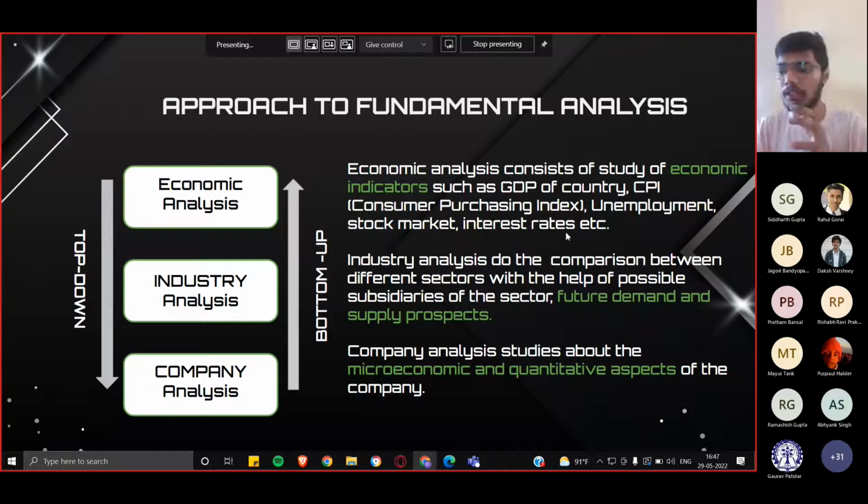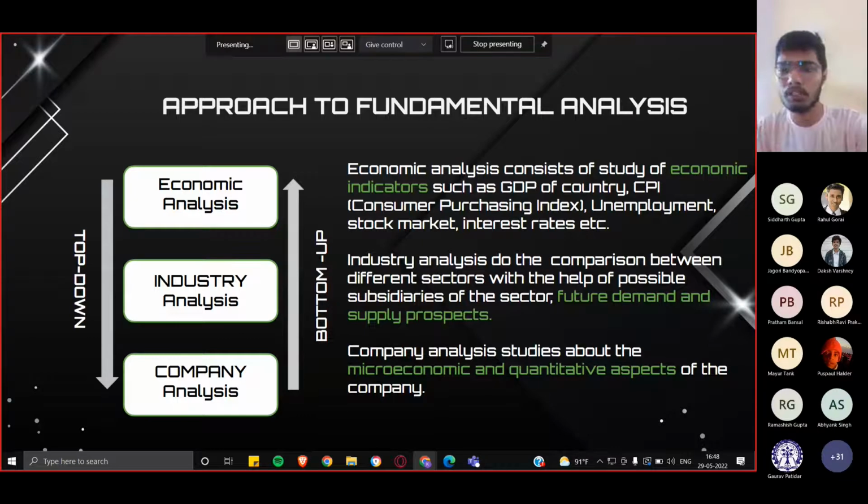We also do peer-to-peer comparison to find the best company in that sector in that country, and then we come up with the company analysis.